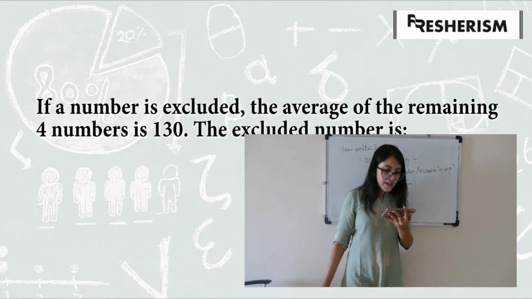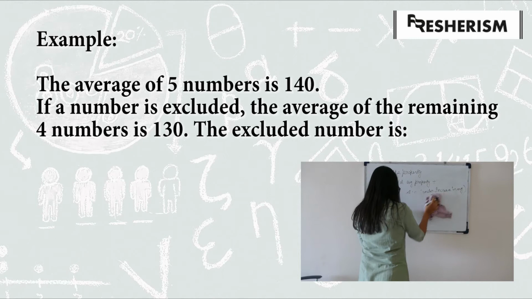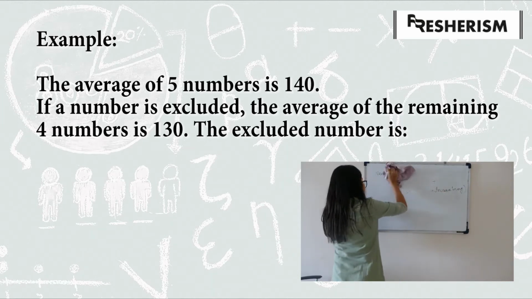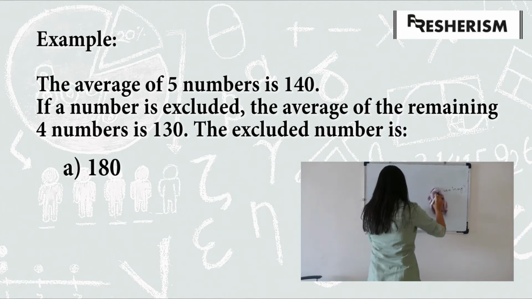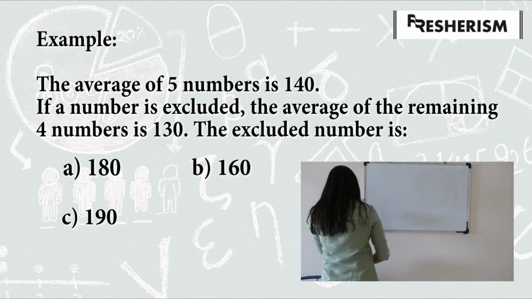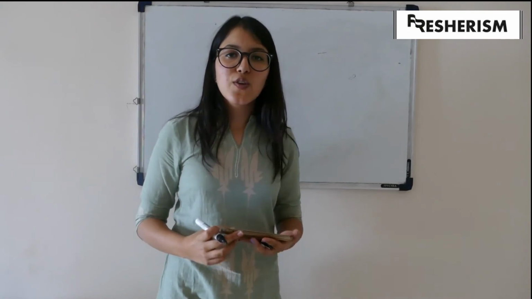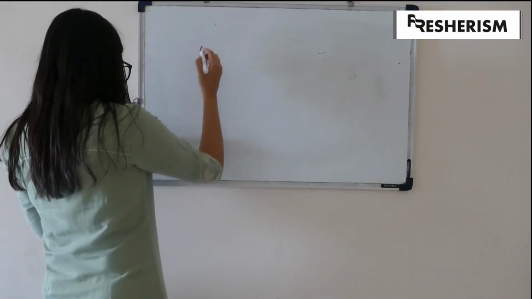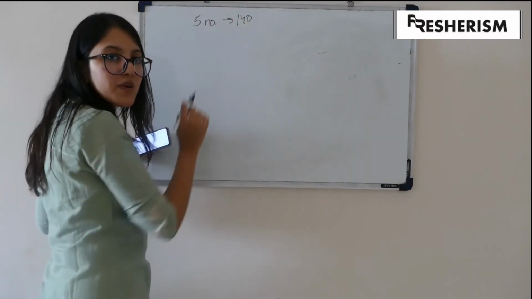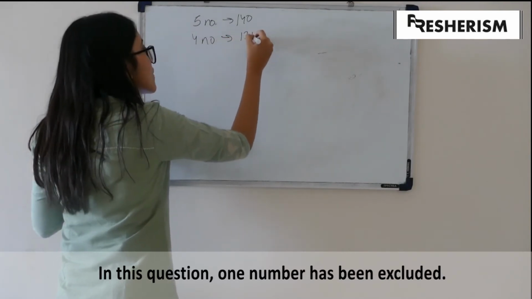The question on your screen now says the average of 5 numbers is 140. If a number is excluded, the average of the remaining 4 numbers is 130. The excluded number is option A 180, option B 160, option C 190 and option D 170. Now let us look at this question. It says that the average of 5 numbers is 140. One number has been excluded. Therefore, the average of 4 numbers is 130.